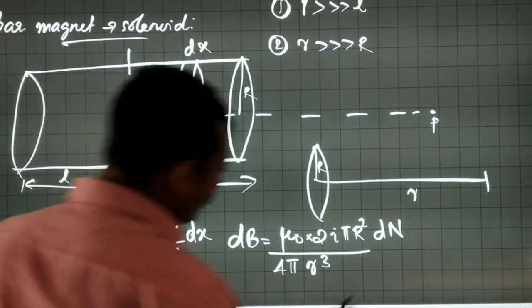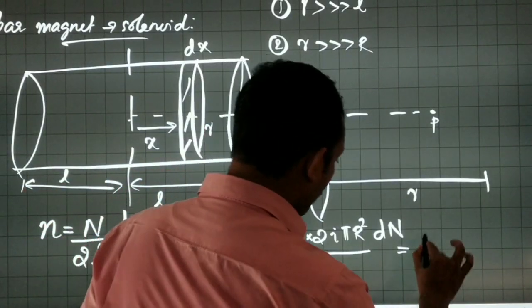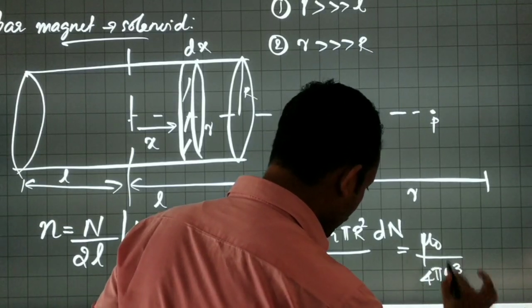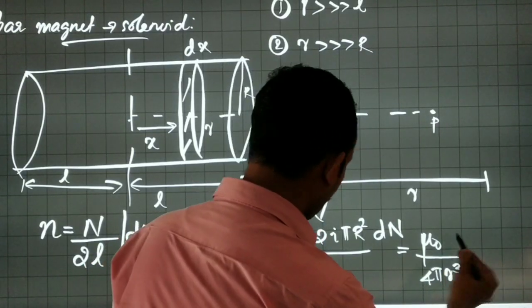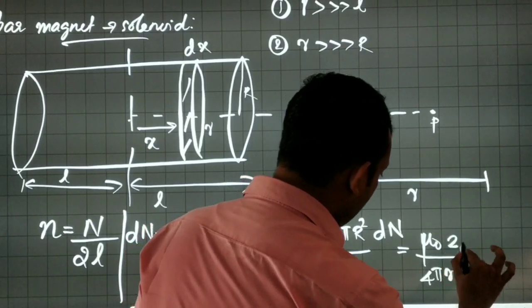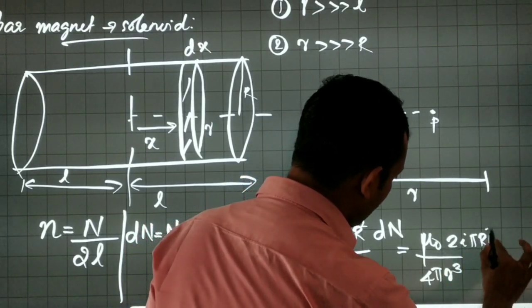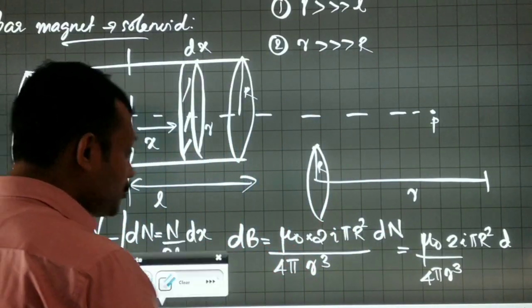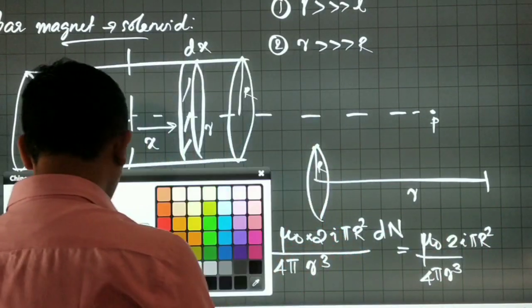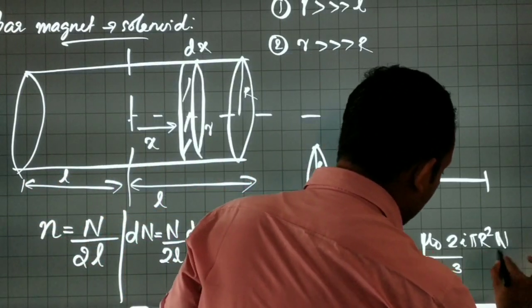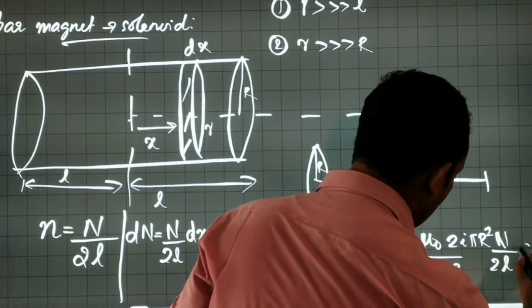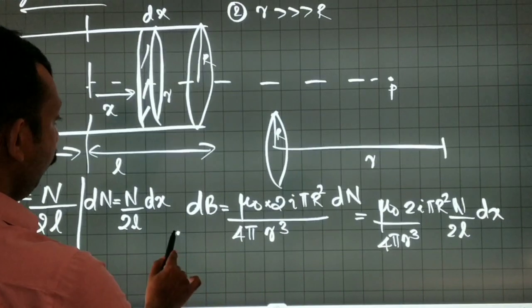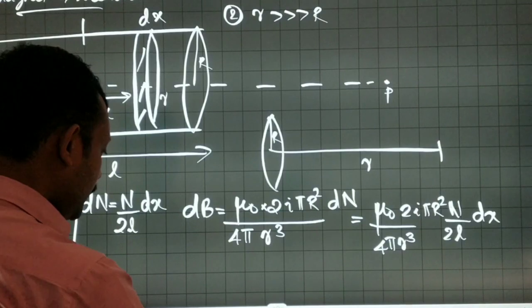So dB is equal to mu 0 by 4 pi r cube into 2I pi r square into n by 2L into dx. That is going to be the value of dB.